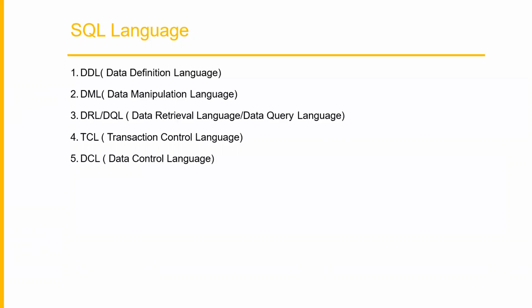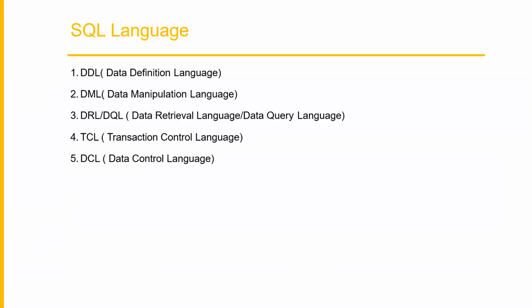Then DRL, or we also call it DQL, data retrieval language or data query language. Here we will not be modifying the data, but we read the data. We have some data stored in a table on the database server, and we want to read it.